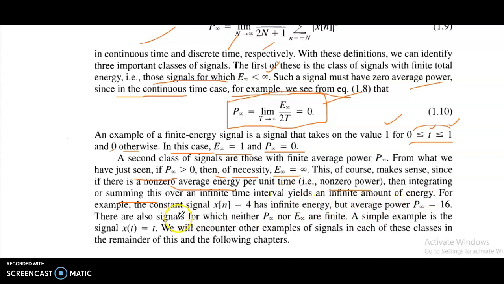For example, the constant signal x of n equals 4 has infinite energy, but average power P infinity equal to 16. There are also signals for which neither P infinity nor E infinity are finite. A simple example is the signal x of t equals t.